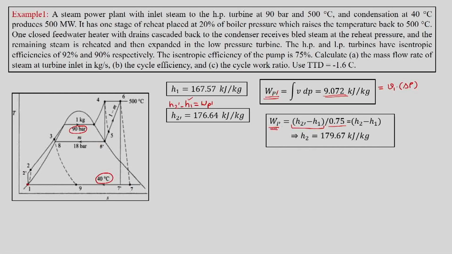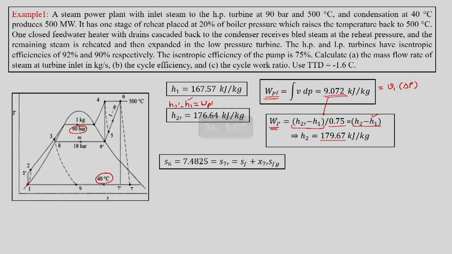But actual pump work is H2 minus H1. So here ideal pump work divided by 0.75 can be evaluated using this H2 minus H1, within which H1 is known. So we can find H2, and H2 is 179.61.